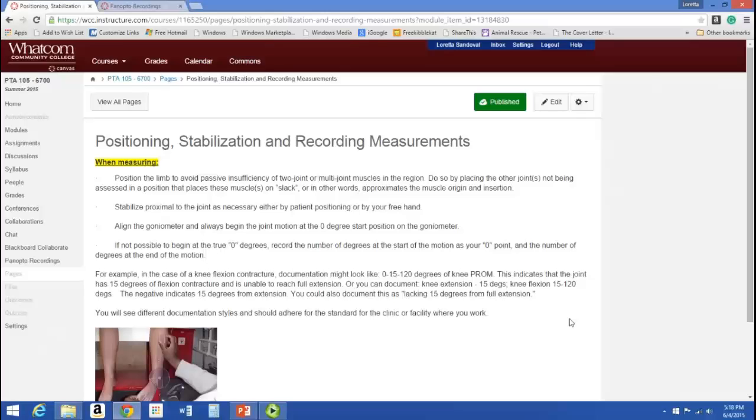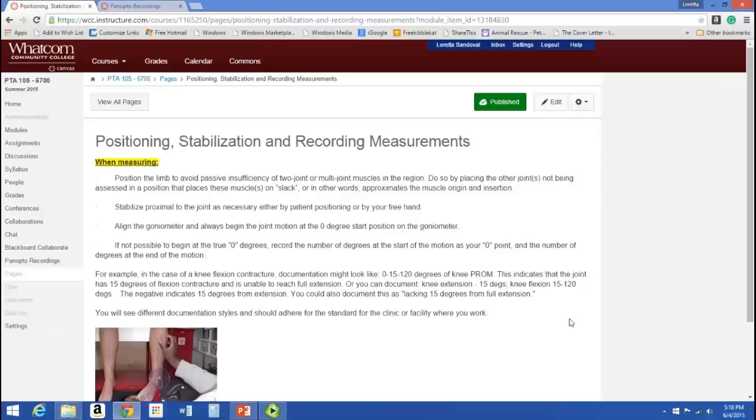That's one of the skills we're going to practice a lot in lab, and I would really advise you to practice a lot out of lab as well: how many hands do you need to stabilize the joint, manage the goniometer, and do passive range of motion? You need about 5, maybe 4, 3 on a good day. But you only have 2 hands, so you're going to have to learn how to do it.